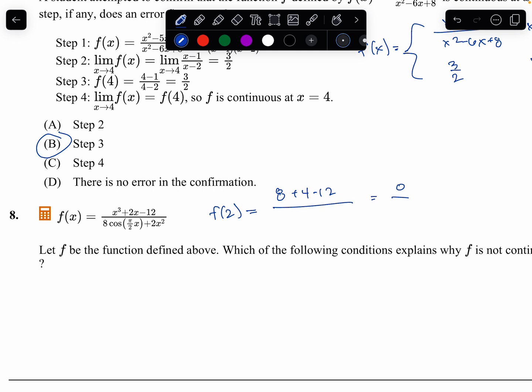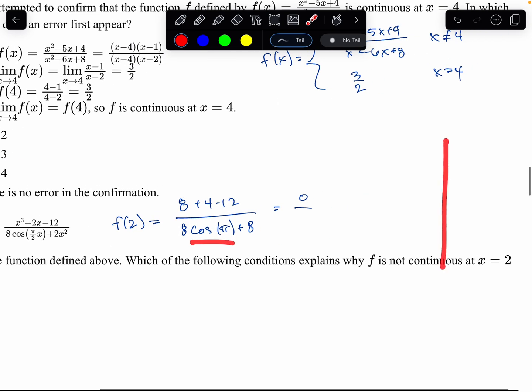Let's check out the denominator. 8 times cosine, and if I plug in 2 right there, that's going to be cosine of pi, plus, and then if I plug in 2 there, that's going to be 8. Now, cosine of pi is 180 degrees, and that puts it here.